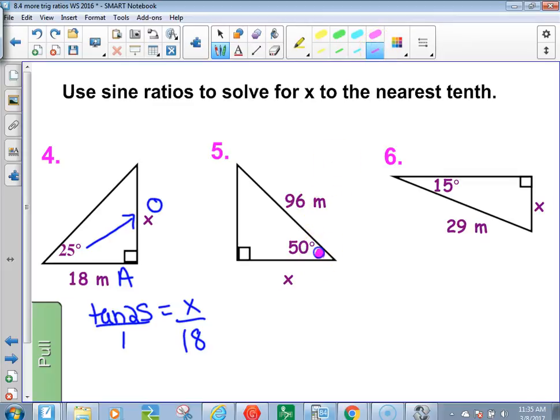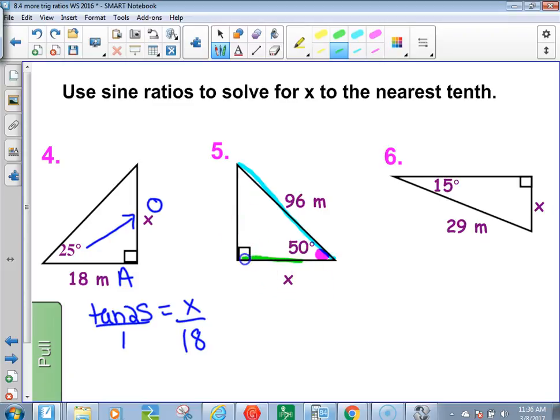All right, so what do I want to do, Jace, for number 5? Okay, hypotenuse is 96, good. So now you know you're going to use sine or cosine, so which one? Okay, now if you were going to use the sine, you'd need to have something on the side opposite across from it.